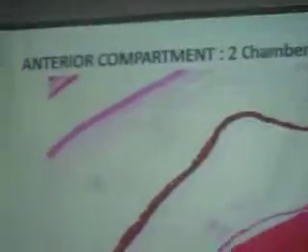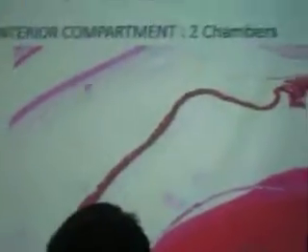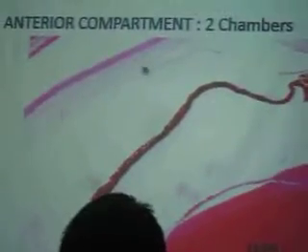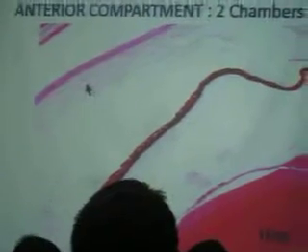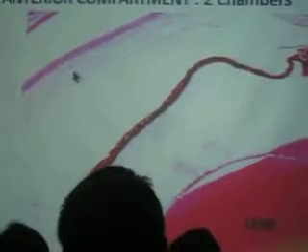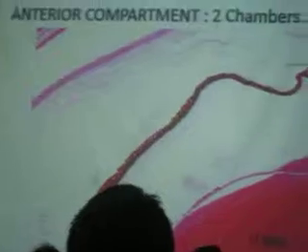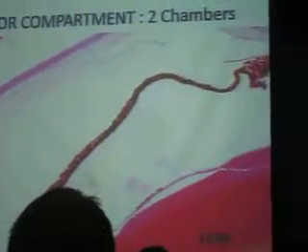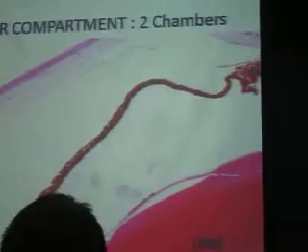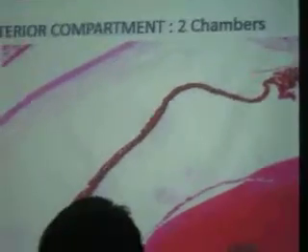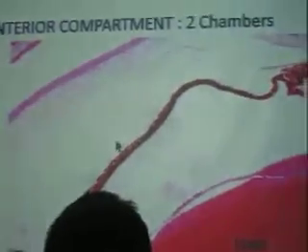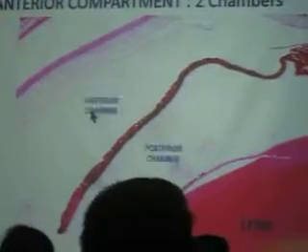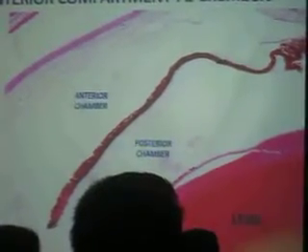The black thing there is your iris, and then the cornea. The muscle is your ciliary muscle, and then the ciliary processes. Here you have the anterior chamber and the posterior chamber.